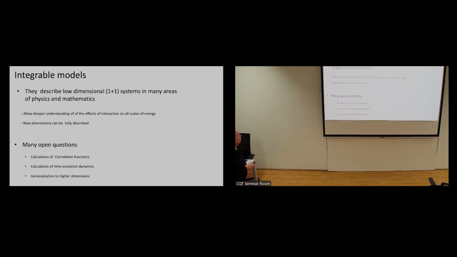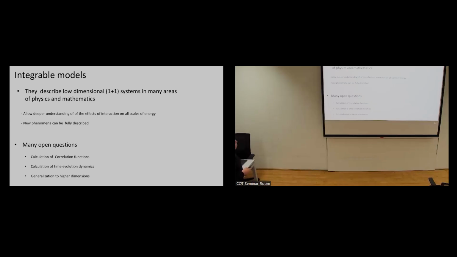They allow a deeper understanding of the effects of interaction on all scales of energies. So there is no approximation, saying this is valid at low energy but not at high energy. They give a full description, and they allow new phenomena to be discovered.